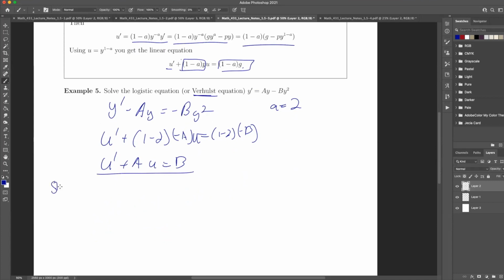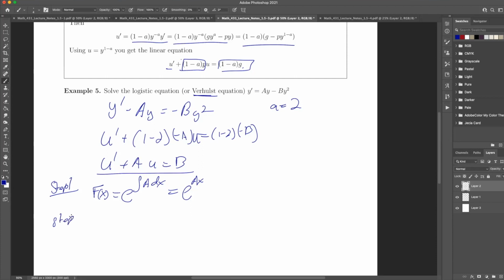So we're just going to run through our steps. Step 1, f of x is equal to e to the integral of a dx, which is equal to a x, since this is just a constant, just e to the ax.